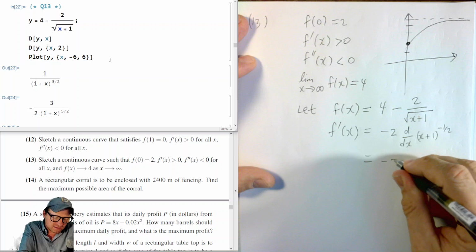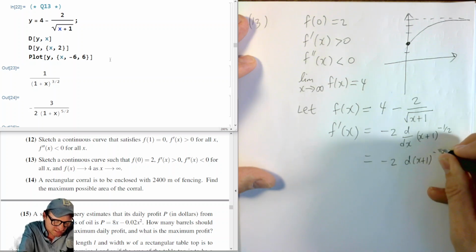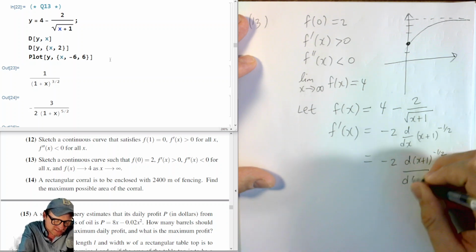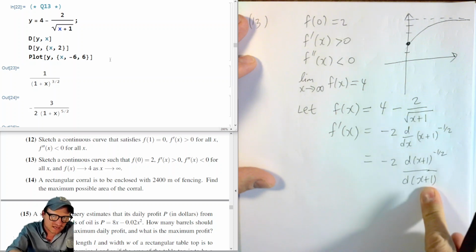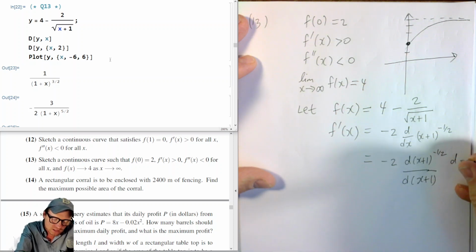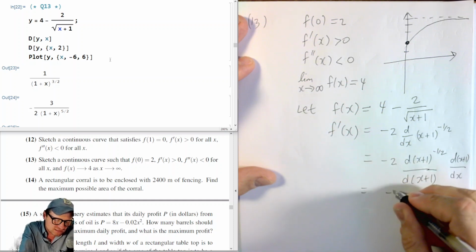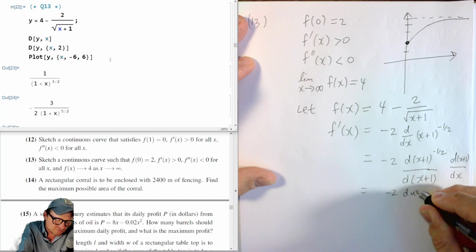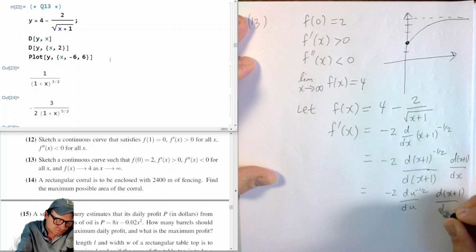So we say then that this is minus 2 times the derivative of x plus 1 to the minus a half with respect to x plus 1. And so if you're setting things out, then this x plus 1 would be the u, and then times du on dx. So something like this. Right, now if this is my u, what I have then is the derivative of u to the minus a half with respect to u times dx plus 1 with respect to x.